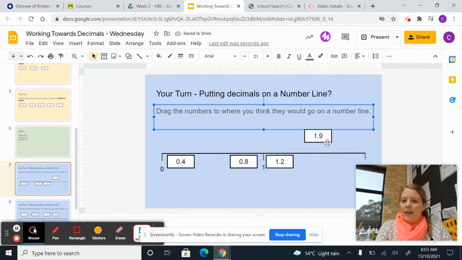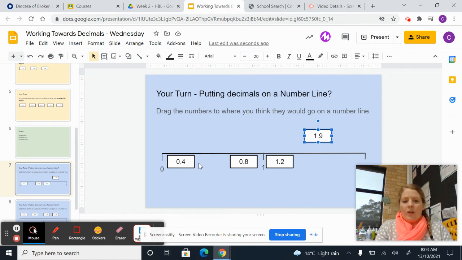All right, let's look at 1 and 9 tenths. Now, 1 and 9 tenths, would that go in here or would that go in here? If you said it goes in this space, you would be correct, because we have a 1 in the whole number, and we always look at the ones column first. So we want it in between the 1 and the 2.